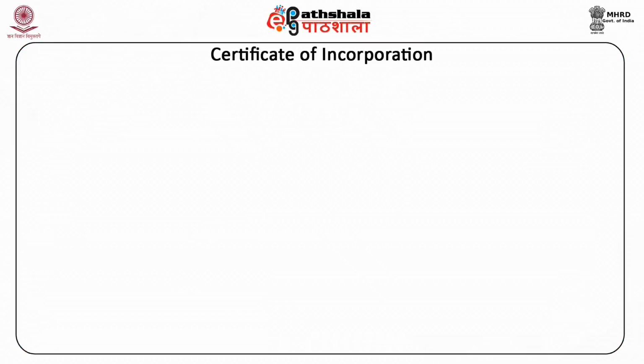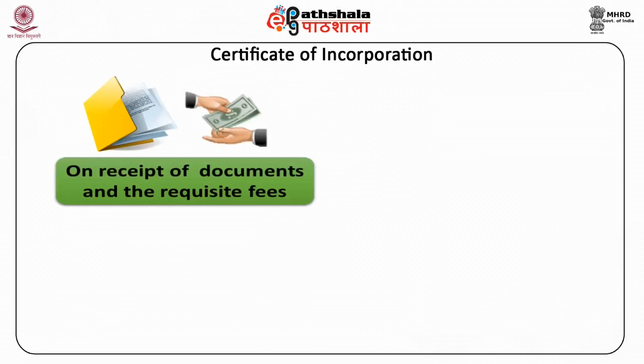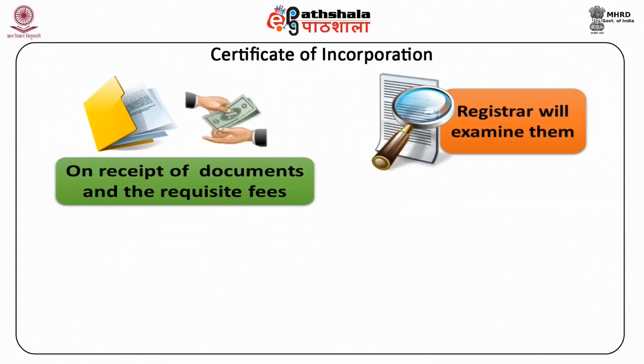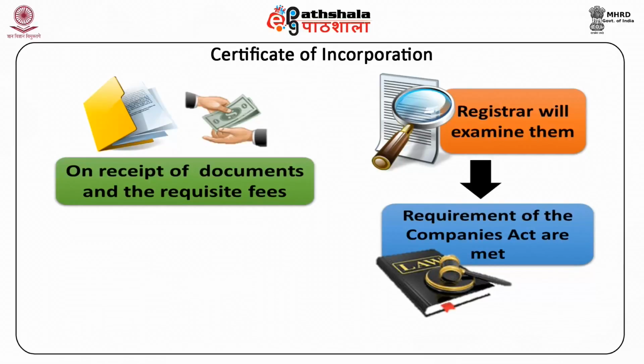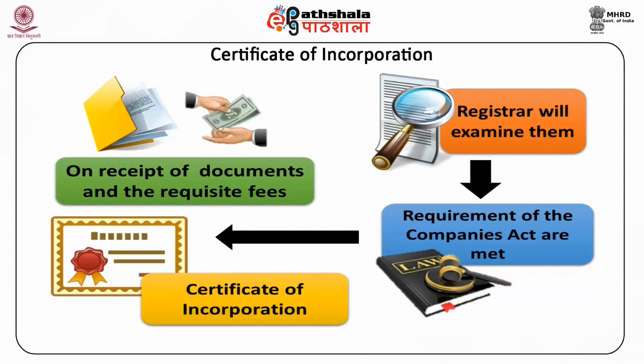Next step is obtaining certificate of incorporation. On receipt of documents and the requisite fee, the registrar will examine them and, satisfying himself that the requirements of the Companies Act are met, issue a certificate of incorporation in the prescribed form to the effect that the proposed company is incorporated under this Act.